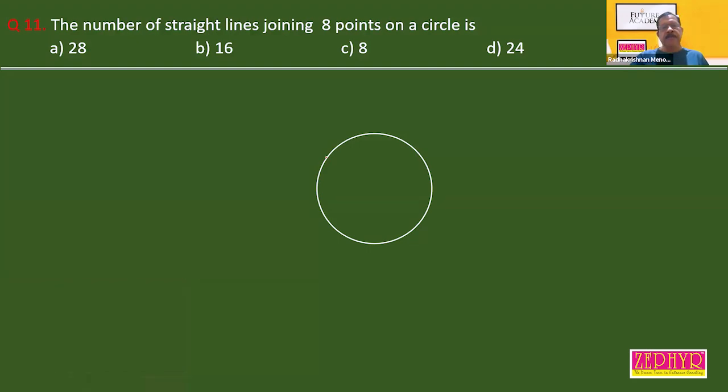Consider 8 points: 1, 2, 3, 4, 5, 6, 7, 8. Number of straight lines.